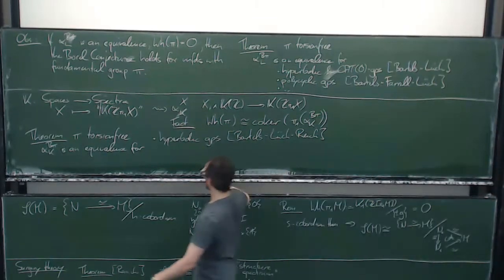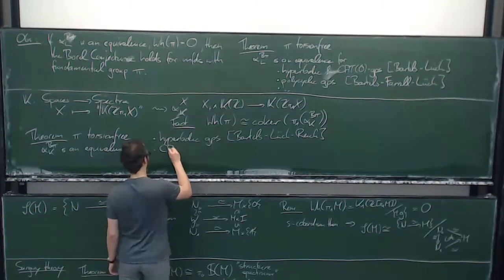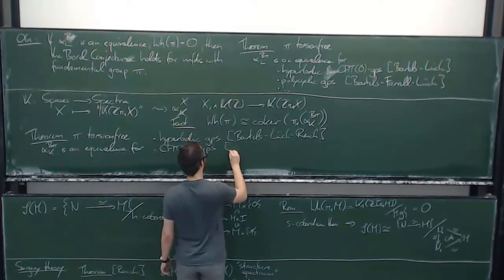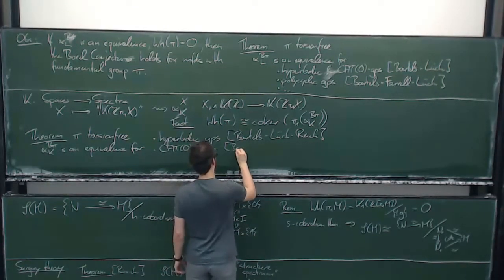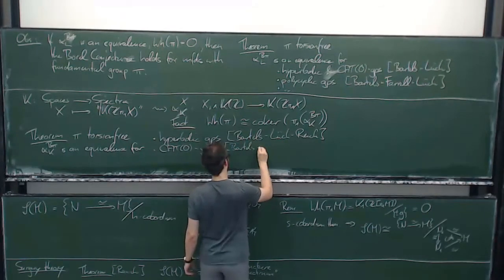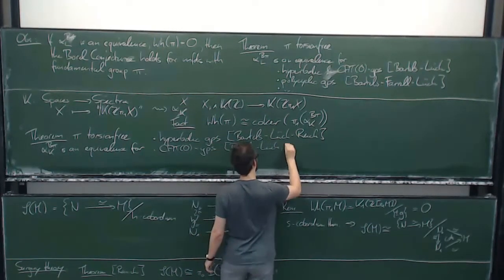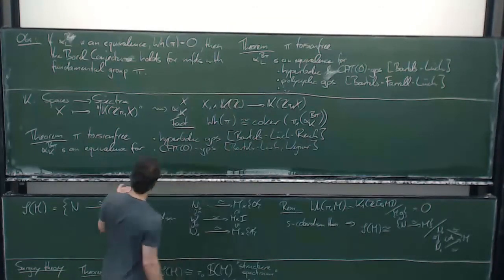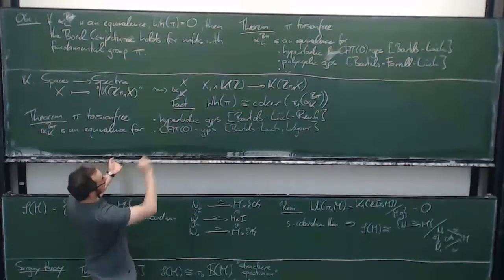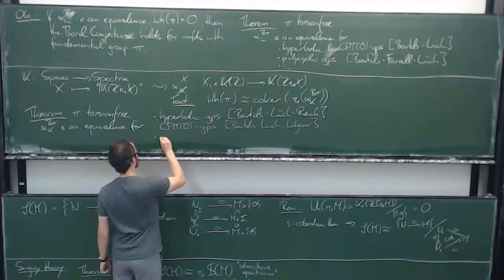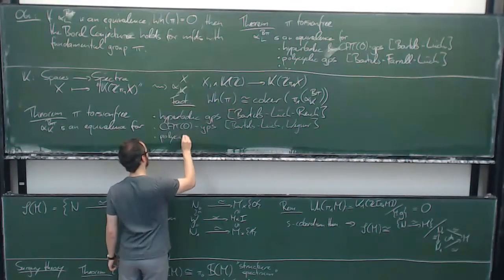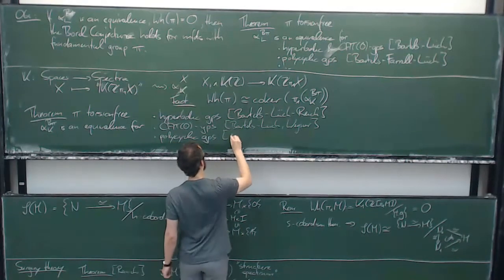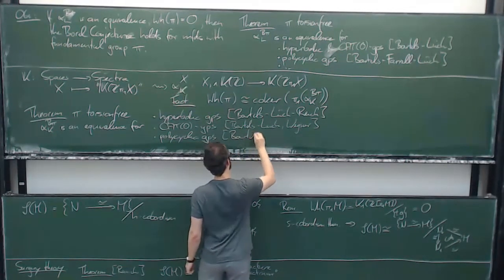Then again we have those CAT(0) groups, which was done by Bartels and Lück, and Wegner. We also have the polycyclic groups, which is again due to Bartels, Farrell and Lück.